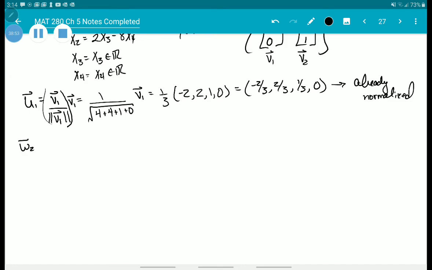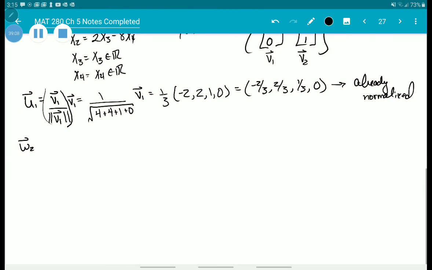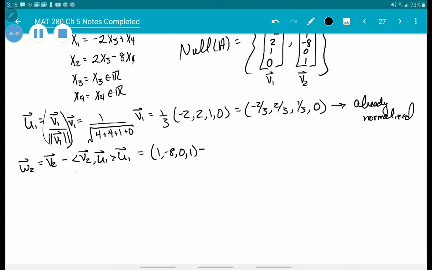So to find W2, going back to the alternative form, W2 is going to be V2 minus the dot product of V2 and U1 multiplied by U1. So we have V2, which is 1, negative 8, 0, 1, minus, and we need to find V2 dot U1.